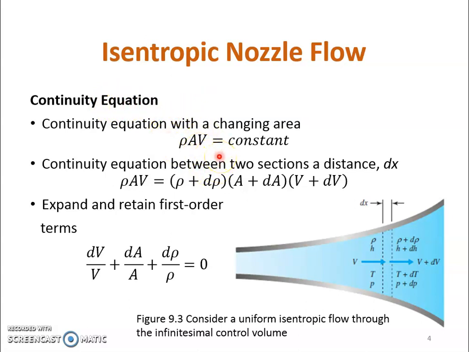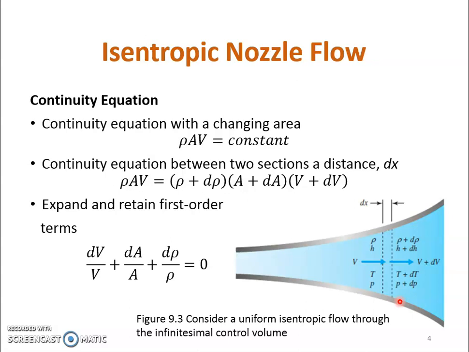The mass flow rate should be conserved, so we cannot neglect the density change. If we consider this control volume in this dark channel, the mass that goes in and the mass that goes out should be the same.